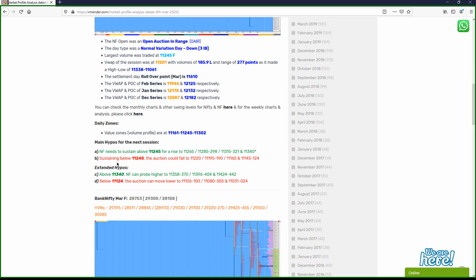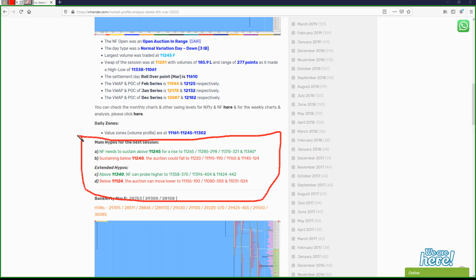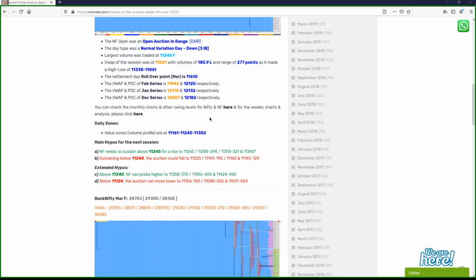Now these are hypos, or hypothetical situations, for you to be trading out of for the next session. It helps you to prepare a plan for the next day, but these hypos are to be traded with the information of the order flow chart, and you need to be ready to execute them based on what the order flow is telling you.